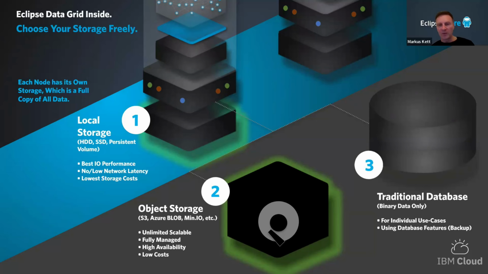It's almost the performance of your hard disk drive. So if you need the best possible performance, use an SSD drive. If you want to use a fully managed solution, use an object storage like S3 or blob store. You can use any blob storage in any cloud provider.